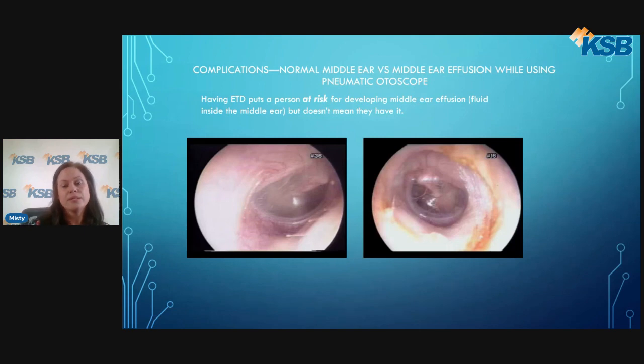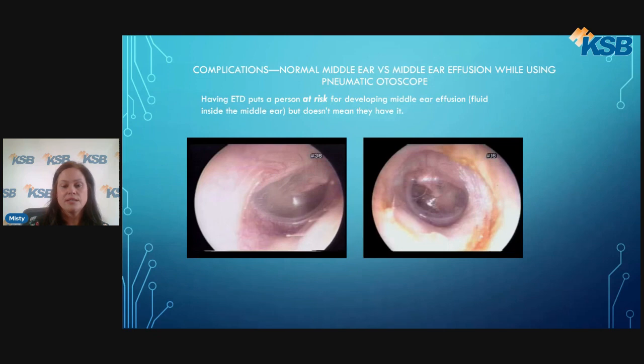Here is a normal middle ear versus middle ear effusion while using a pneumatic otoscope. A lot of ENT practitioners will use what's called a pneumatic otoscope in order to evaluate for fluid inside that middle ear space. Here are two pictures, one being a normal tympanic membrane, or a normal eardrum.